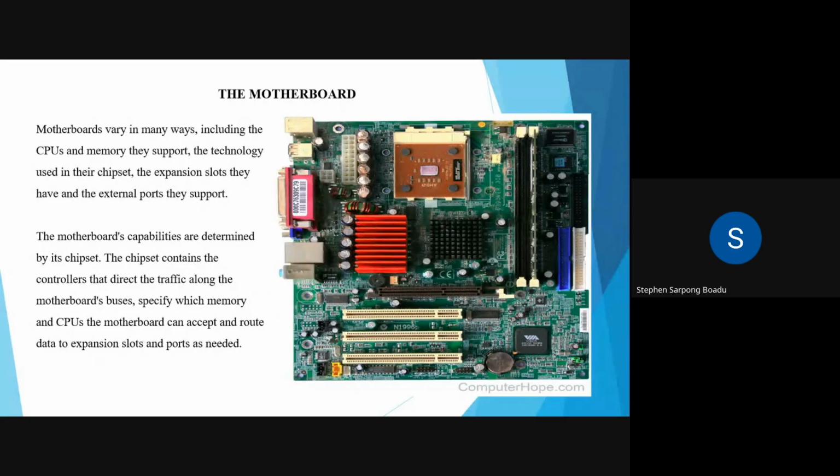And what the chipset also does is that it controls data flow on the motherboard, right? So it's the one that controls the flow of data on the motherboard. And then also it specifies which memory and CPUs the motherboard can use. And then it also routes data to expansion slots and external ports.